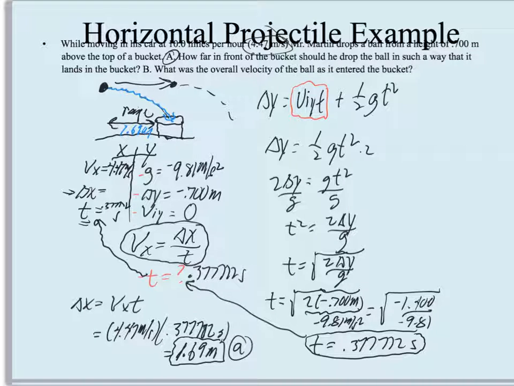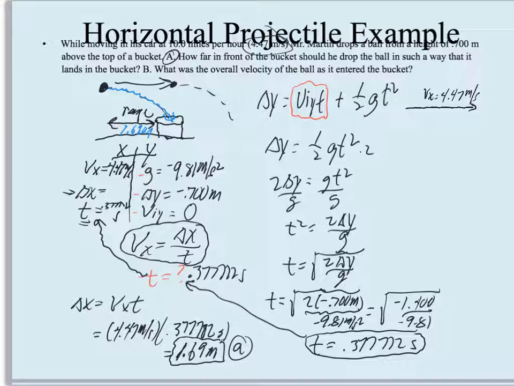Okay, so the second part says, what was the overall velocity of the ball as it entered the bucket? Well, remember we have three different motions taking place. We have the Vx, which we already know. We know Vx is 4.47 meters per second.